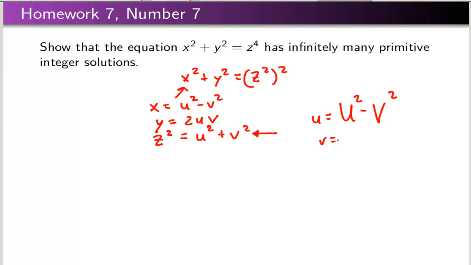I'd want little v to be 2 capital U capital V. And I'd want z to be a capital U squared plus a capital V squared. And now the capital U and capital V are these free variables that are pairwise relatively prime. One is even, one is odd, etc., etc. And so if I choose my capital U and capital V of that type, and I define little u's and little v's and x, y's, and z's in this manner, it looks like I'm going to end up with a solution to start. Okay, so try that out.